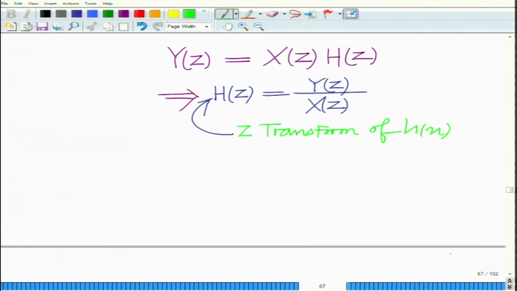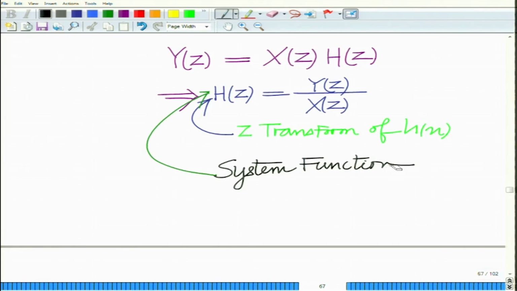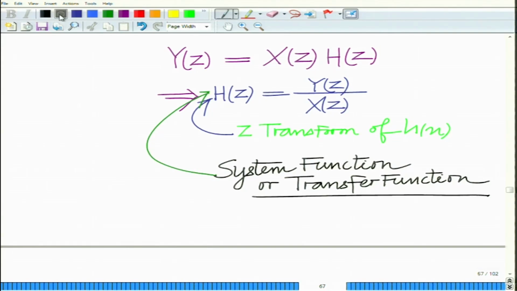This H(z) is known as the system function or the transfer function of the discrete time LTI system.